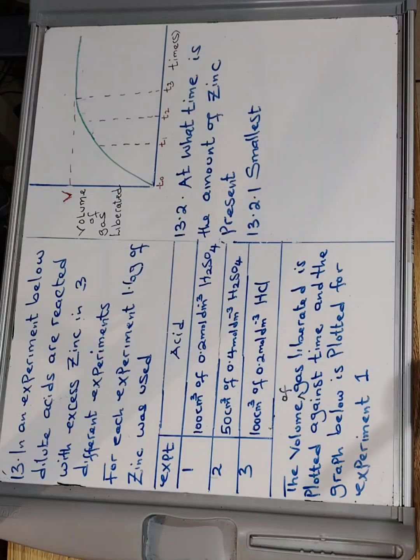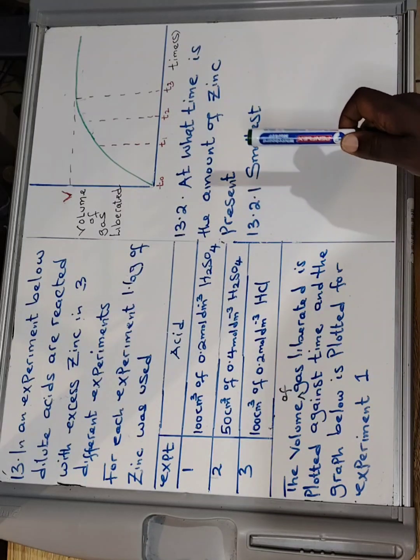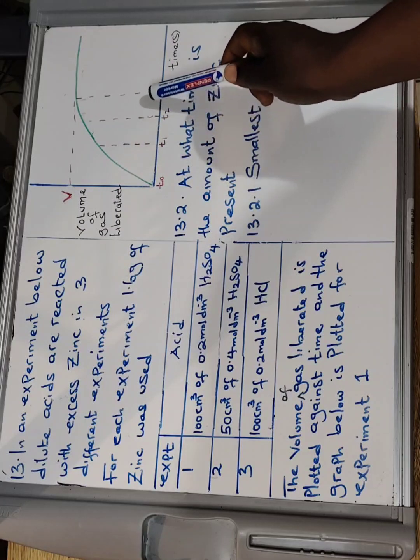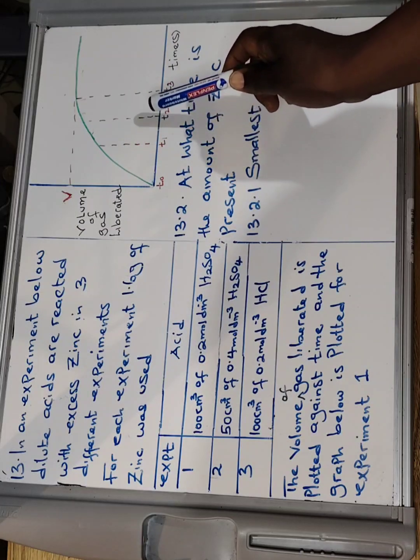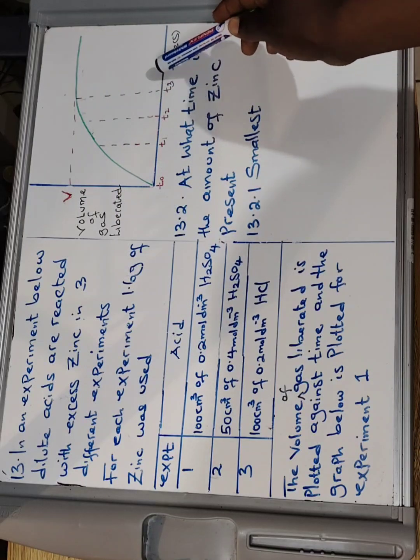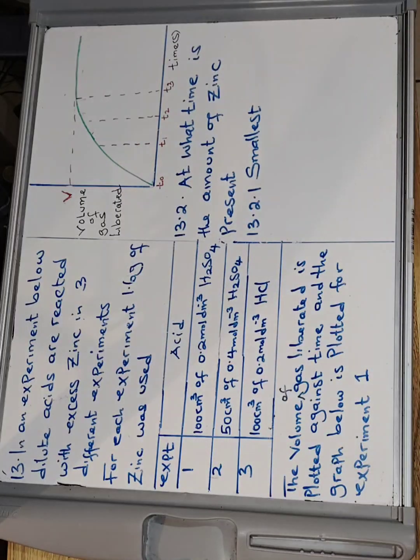So the amount of the reactants at T1 is more than the amount of reactants at T2, and the amount of reactants at T2 is more than the amount of reactants at T3. Zinc being one of the reactants, it is smallest at T3 because a lot of time has passed. So a lot of it has decomposed.